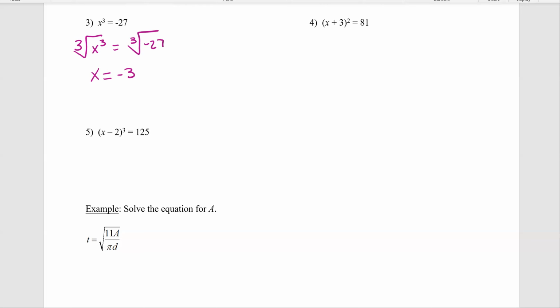Example 4, to undo a square, we're going to take the square root. And we need plus or minus. The square root of a perfect square is the radicand.